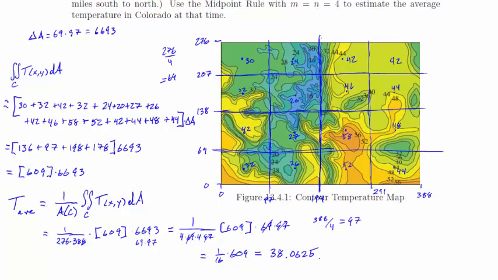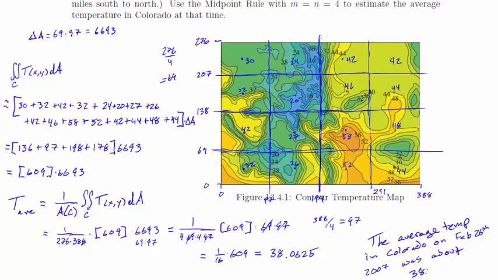And so we got a story problem here, so we want to write a conclusion and say that the average temperature in Colorado on February 26th, 2007 was about, because this is very much an approximation, we only did 16 points here. If we had 1,000 data points, we could do this much more accurately, but that would still be an approximation.